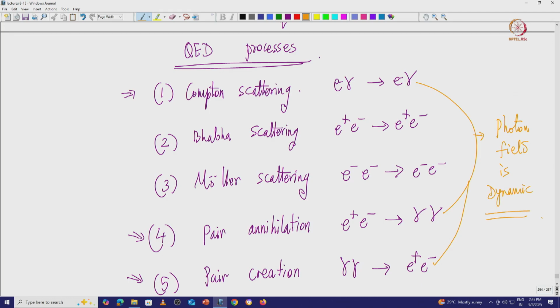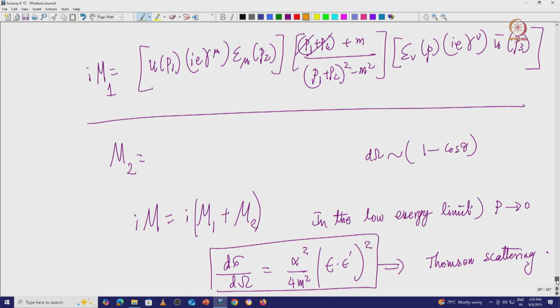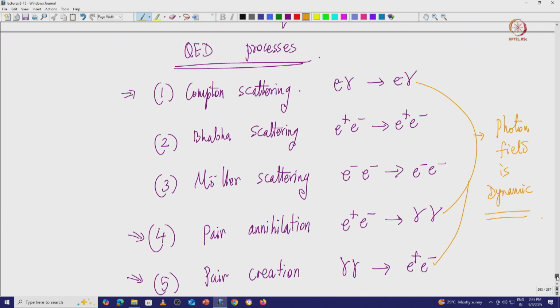That means you have to do second quantization and define the photon wave functions essentially. You cannot use the photon potential, the static electromagnetic potential, you have to use the photon wave function, which I said I will do in the next class, while we started doing the Compton scattering. Okay.